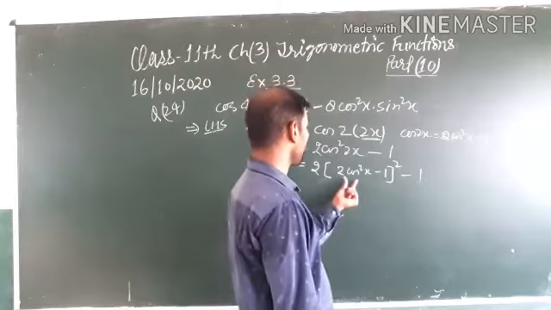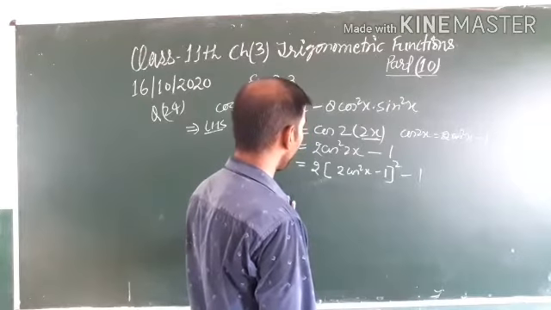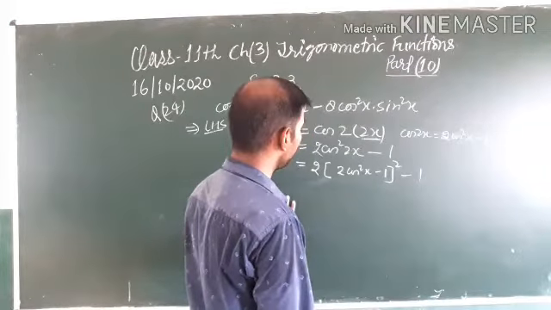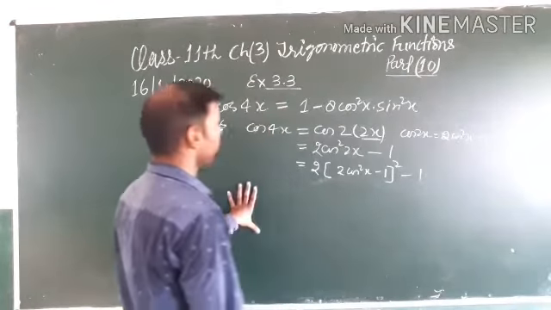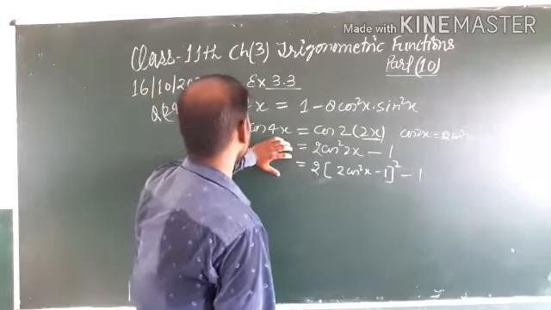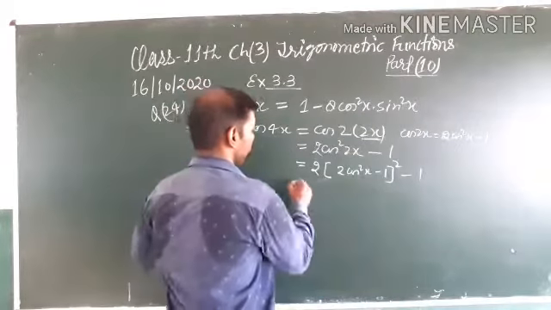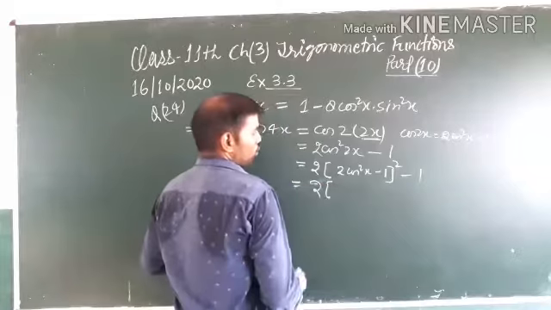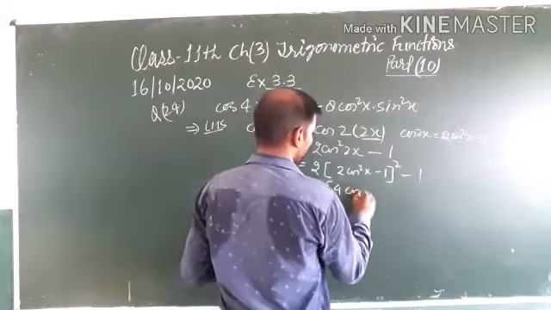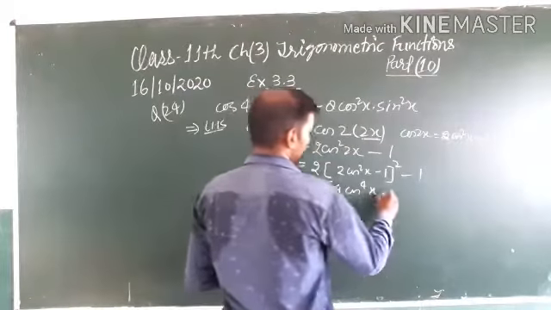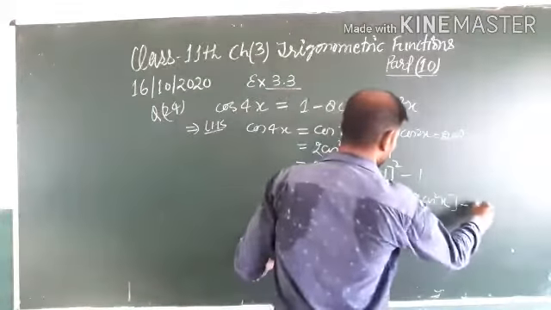Now we use cos square 2x minus 1. So 2 into 2 cos to the power 4 x plus 1 minus 2 cos square x, and this is minus 1.